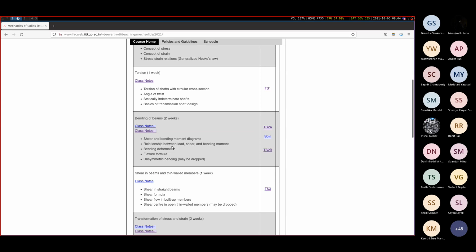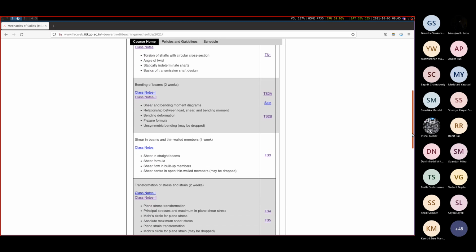Now, this bending stress or flexural stress is also a normal stress. So it is possible that you may have a situation where you have not only bending in a beam, but also some kind of normal force acting on the beam. In that case, the normal stress due to bending has to be added or subtracted, depending on the sign, with the normal stress due to axial forces.